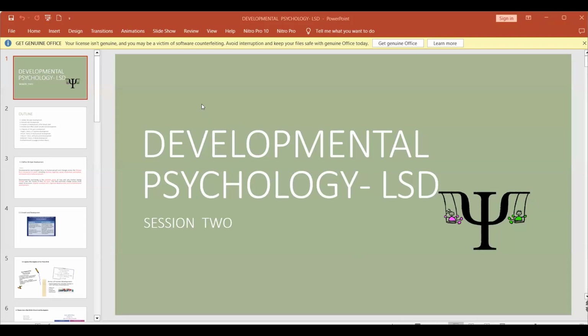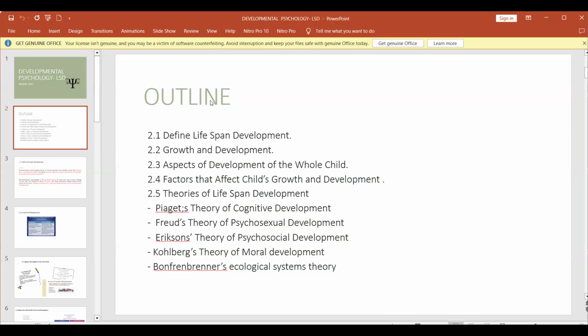This is what we discuss under lifespan development. Hope that you're seeing the slides now. Define lifespan development, growth and development, aspects of development of the whole child, like cognitive, social, emotional, motor development, moral development.